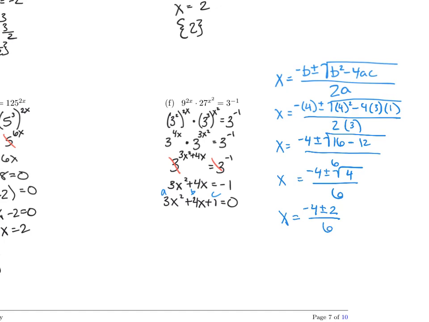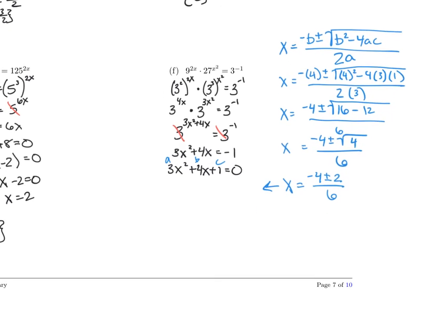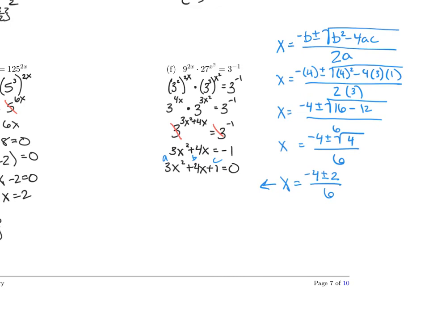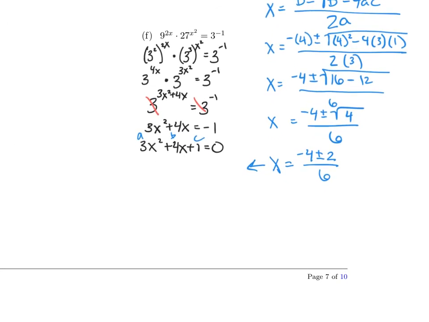I'm going to bring this back into our problem and separate this out into 2 separate problems. We're going to have x is equal to negative 4 plus 2 over 6, and x is equal to negative 4 minus 2 over 6.